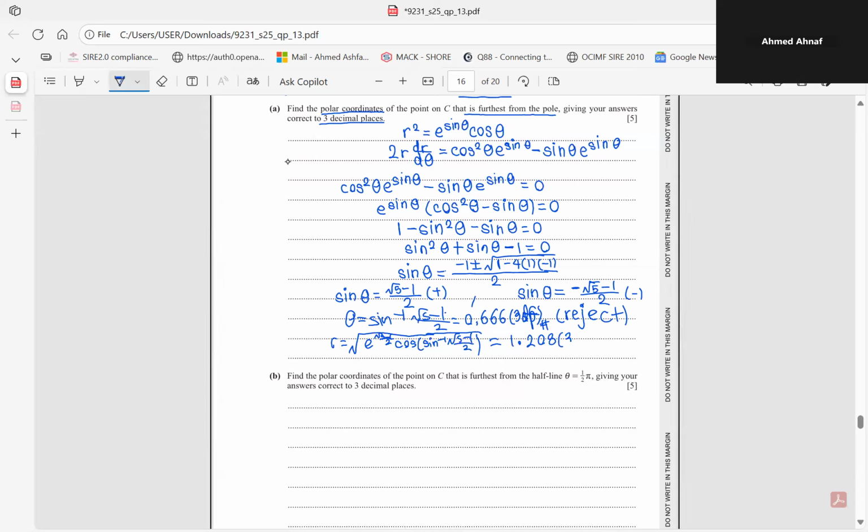Now let's differentiate each side with respect to theta again. This would be 2x times dx d theta.